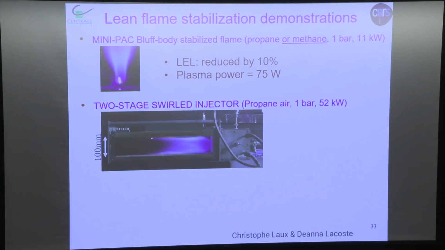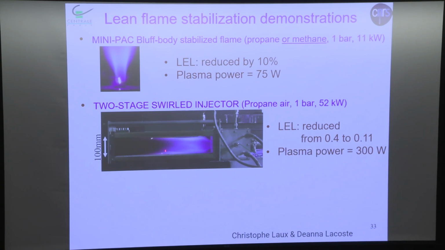They also did this kind of two-stage swirling combustor with a plasma discharge, and they found that the lean burning limit is again reduced, with a plasma power of 300 watts. You can see a lot of papers published by this group. They basically show that with a nanosecond plasma discharge, you can stabilize at the lean burn limit with moderate or small plasma energy compared to the combustion energy, which is true.